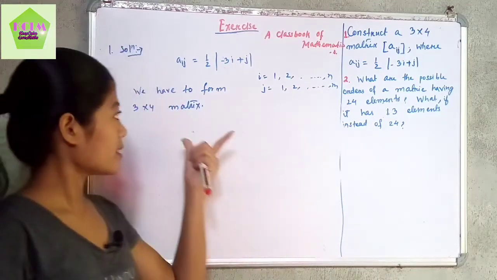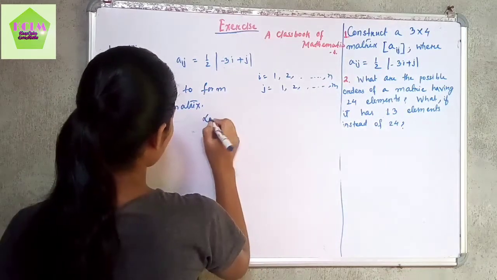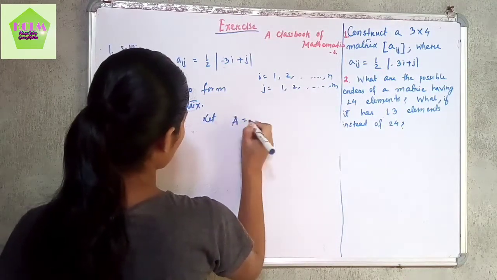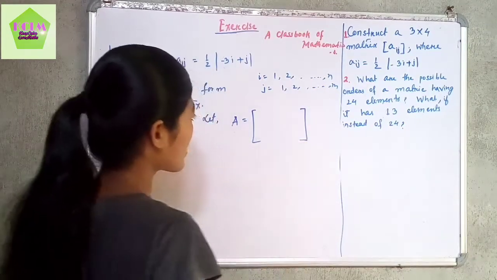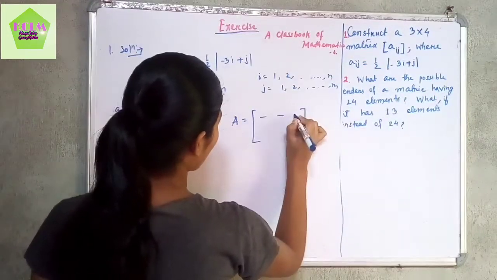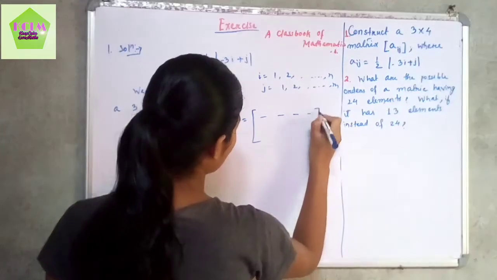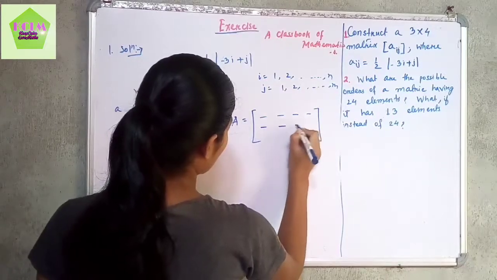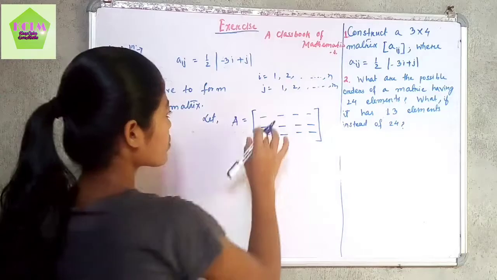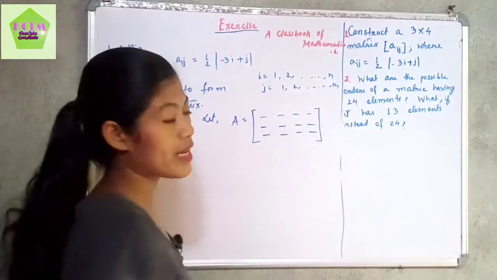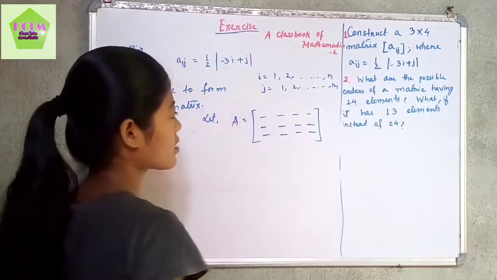Since we are asked to form a 3x4 matrix, let the matrix be capital A. Since this is 3x4, we have 3 rows and 4 columns. You can see here we have 3 rows. The horizontal line of elements is called a row and the vertical line of elements is called a column.